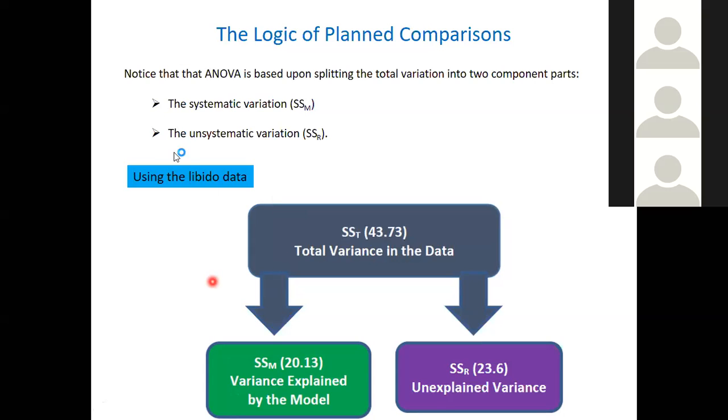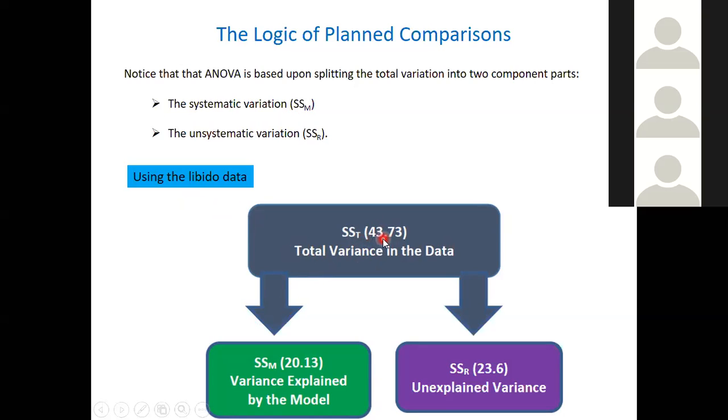So the sum of square between, which is the model, is the systematic variation, and the sum of square within, which is the residual, is the unsystematic variation. That is what ANOVA does. It splits them into 2 and now divides this by this. We use our video data.